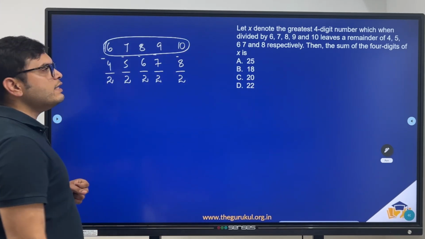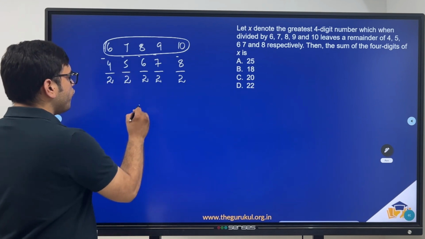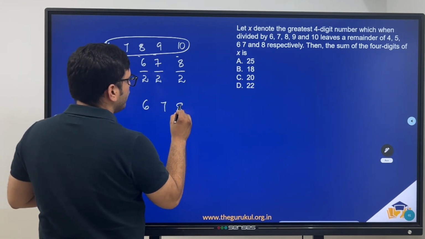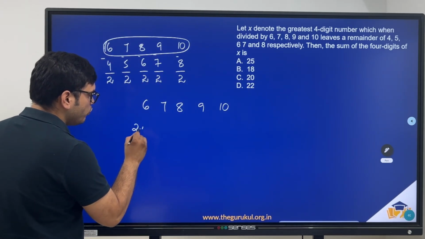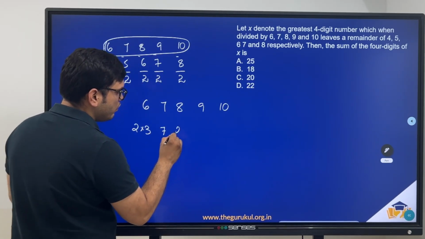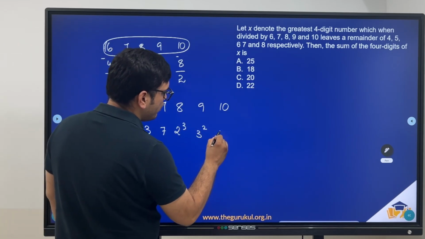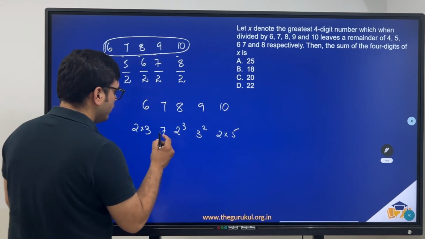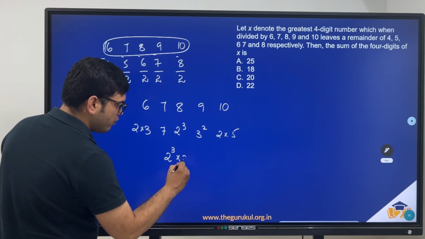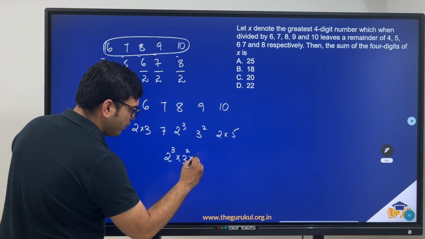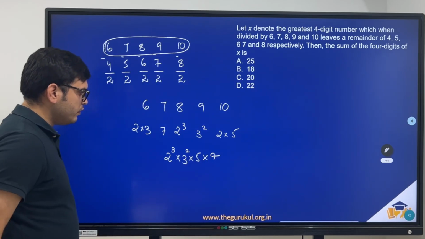To answer these types of questions, all we need to do is first find the LCM of these 5 numbers. What is the LCM of 6, 7, 8, 9 and 10? Now let me write this as 2 into 3, 7, 2 cube, 3 square, 2 into 5. So we should be taking the highest power of 2, the highest power of 3, 5, and 7.